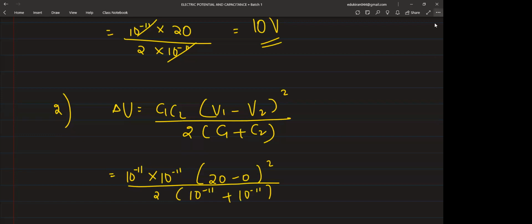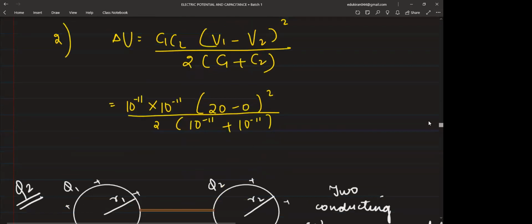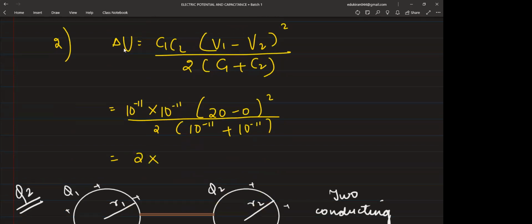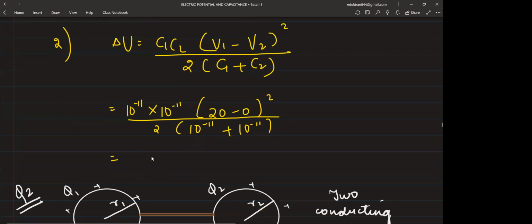So this is 10 to the power minus 11 into 10 to the power minus 11, into 400.